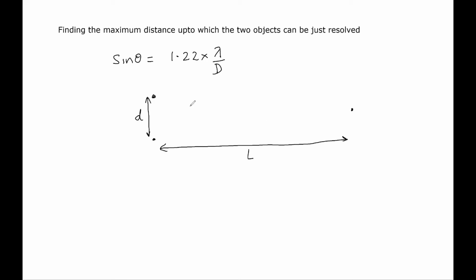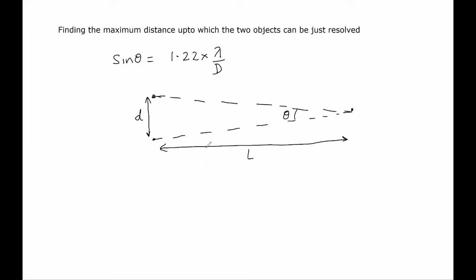So using the formula of theta, that is theta minimum required, the angular separation of the two objects, if I mark that angle theta here, that is the angle subtended by the two headlights, or we can say any two objects that have to be resolved.